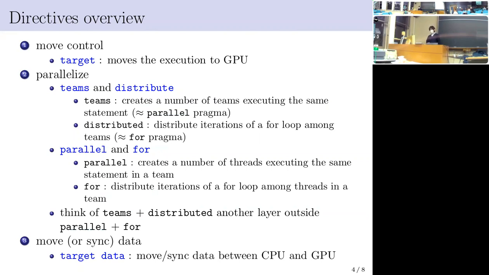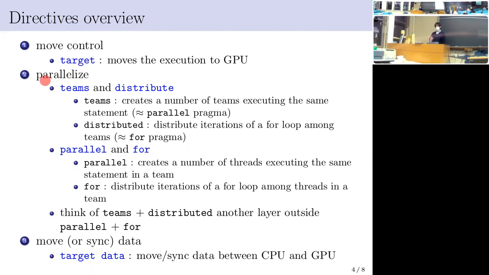And here's a short overview of the directives you're going to learn, primarily in the Jupyter notebook. I don't get too much into any of them. Basically, you need a directive to move control from the host to GPU, something that gets execution started on the GPU. For this, you have the target directive.